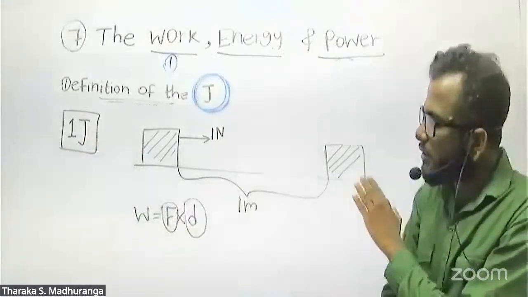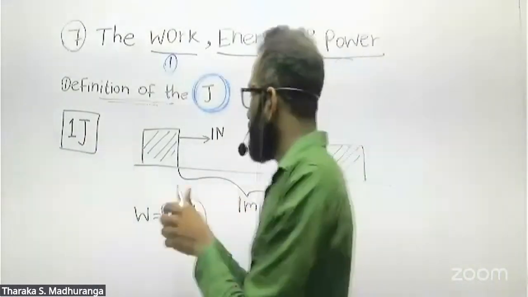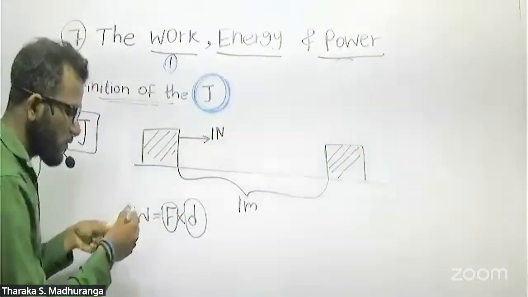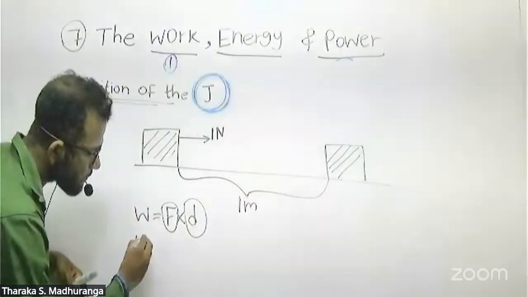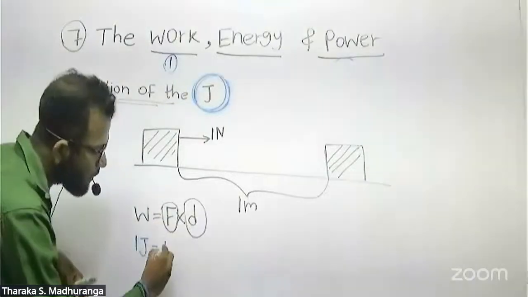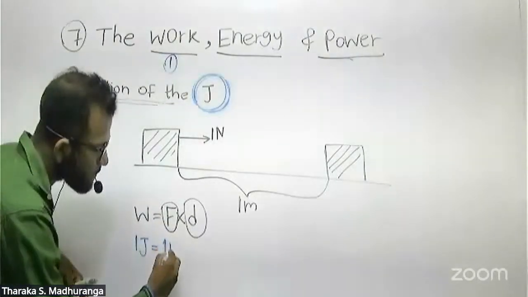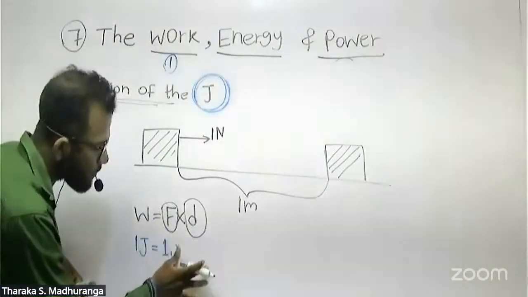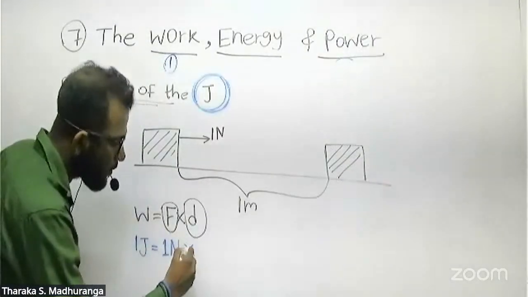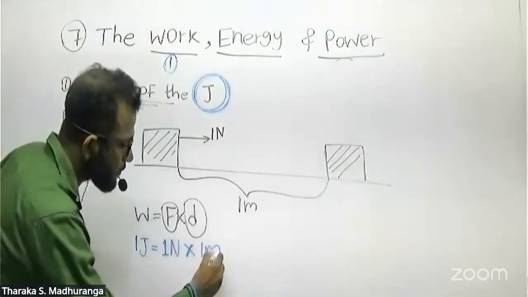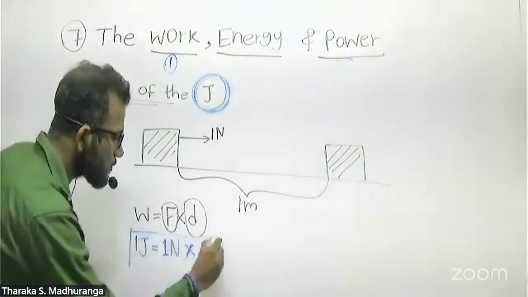Then draw this one and write down like this: 1 joule equals 1 Newton when displaced 1 meter. That is the 1 joule.